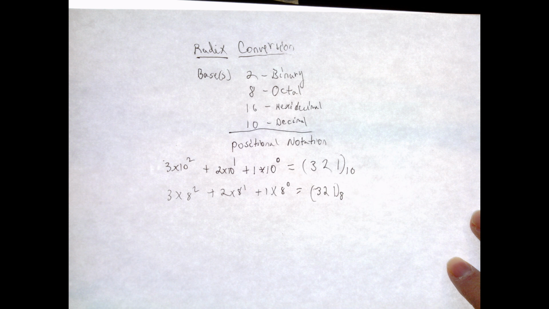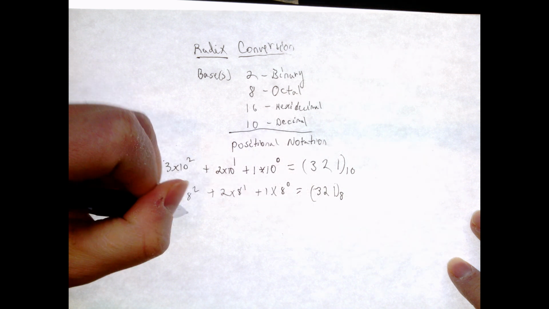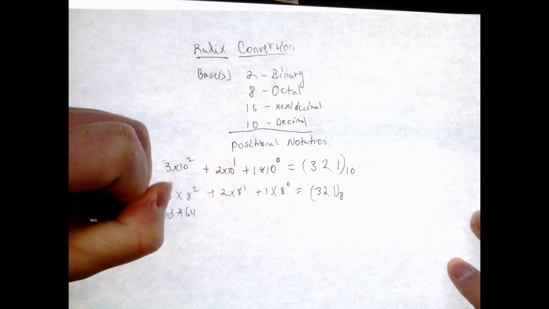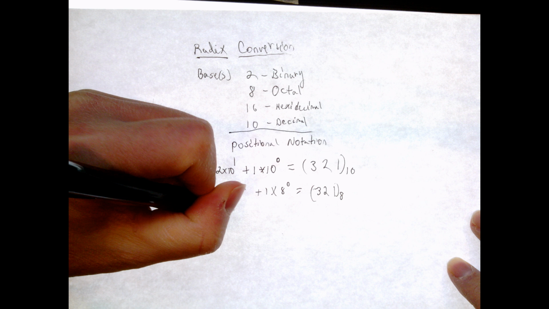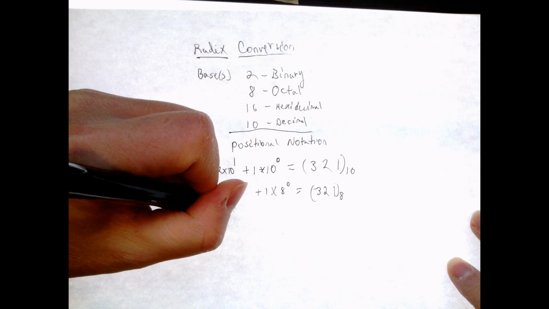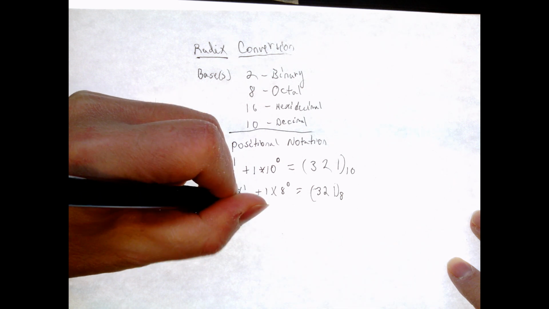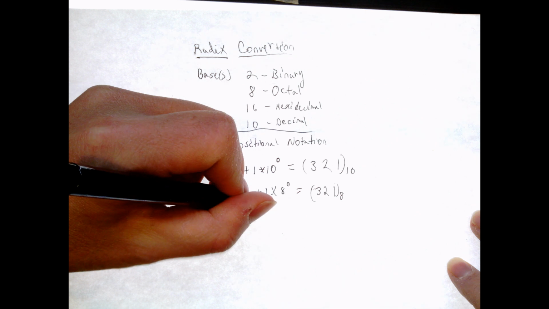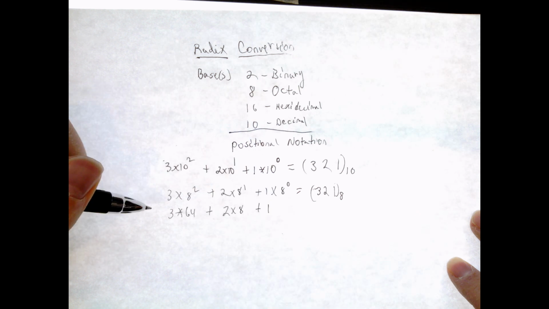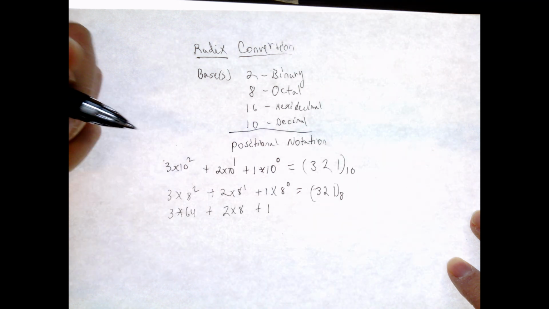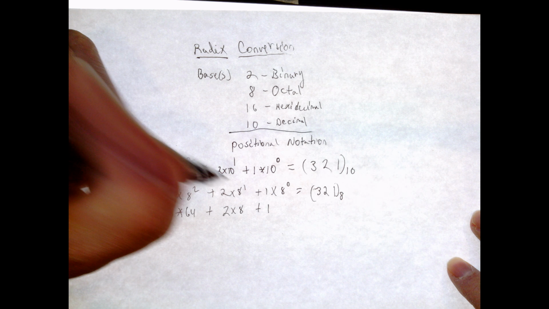In fact, if we think about it, 8 times 8 is 64. 8 to the 1 is equal to 8. 8 to the 0 is equal to 1. And so we have a completely different value now.